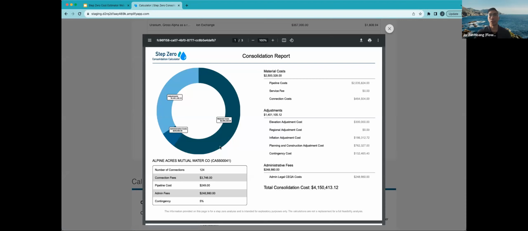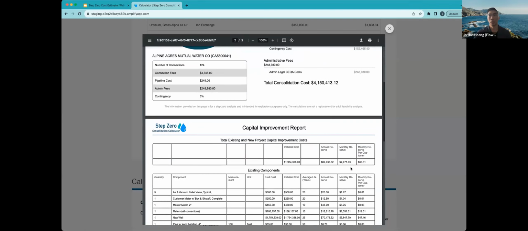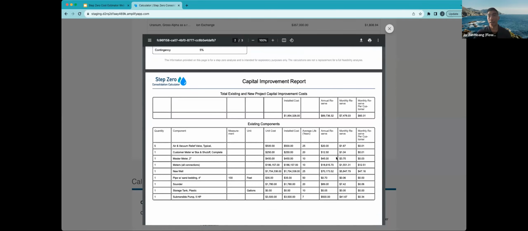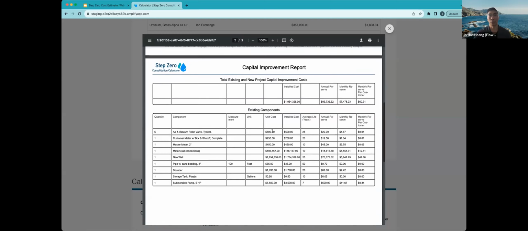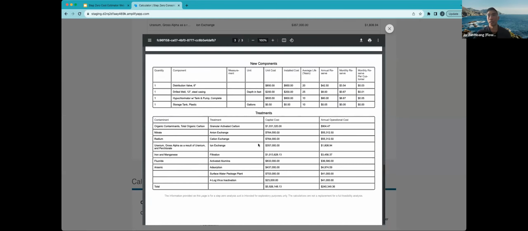So yeah, donut chart, information about the water system, that cost breakdown details table from the consolidation side, as well as on the capital improvement side, the tables that we all just saw, existing, new, and treatment costs.